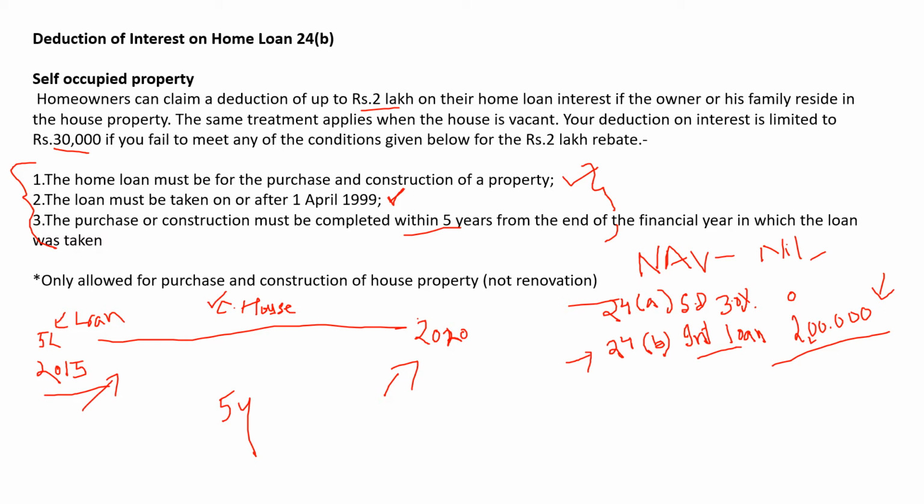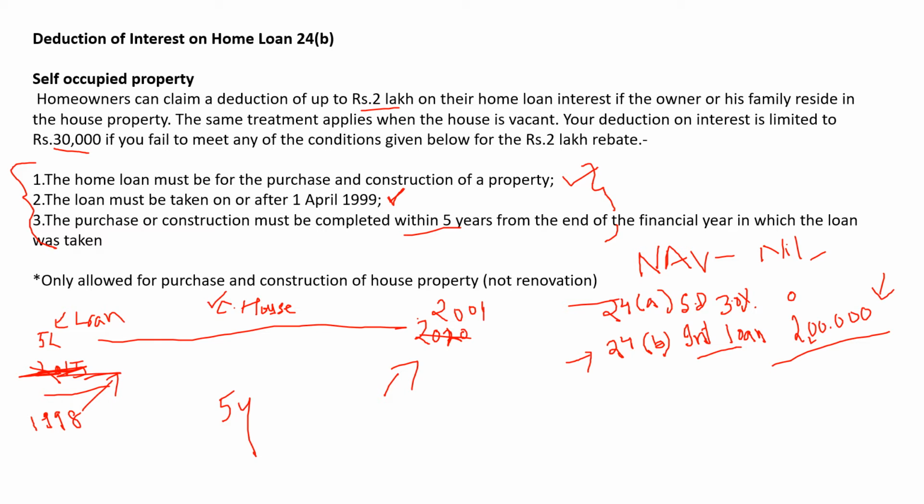Now say I have taken the loan of 5 lakh in 1998, and my house was completed in 2001.